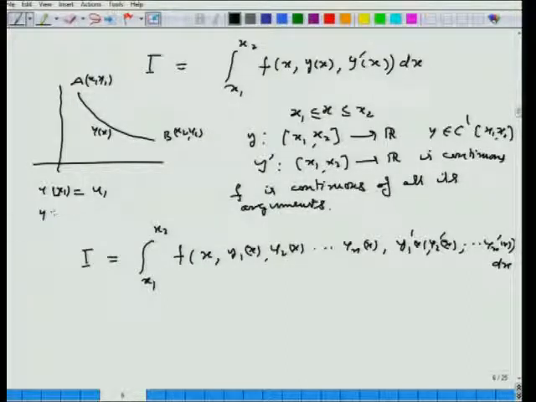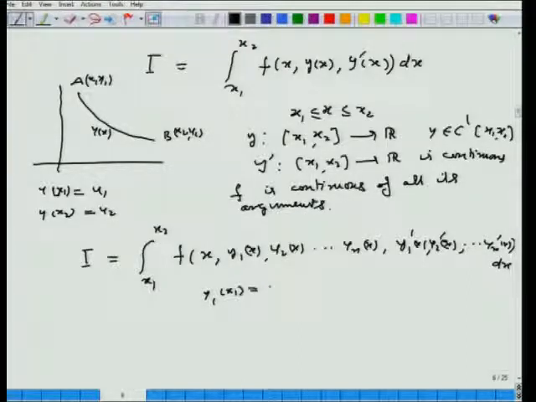Similarly, y at x2 should be y2, so that this curve passes through those given points. And these points are fixed here. Similarly here y1 at x1 must be some given value, so again you have several curves y1, y2, yn, and they should pass through these given points a and b.